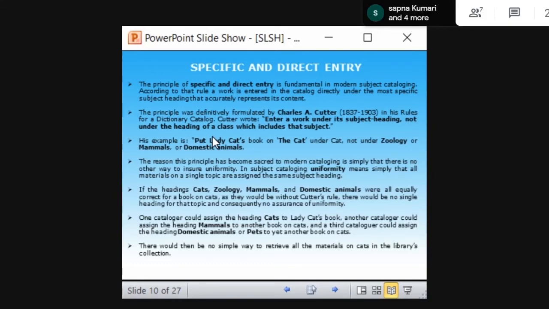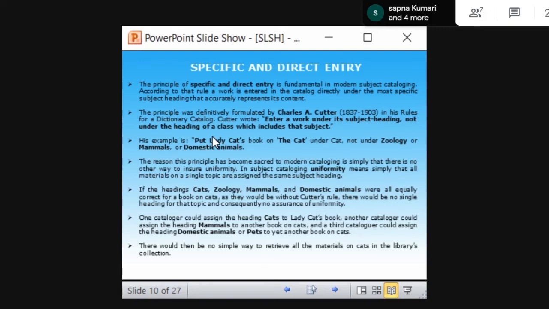If the headings cats, zoology, mammals, and domestic animals were equally correct for a book on cats, then without Cutter's rule there would be no single heading for that particular topic, and consequently no assurance of uniformity. They are all equally correct, to be honest, but the uniformity is not ensured.